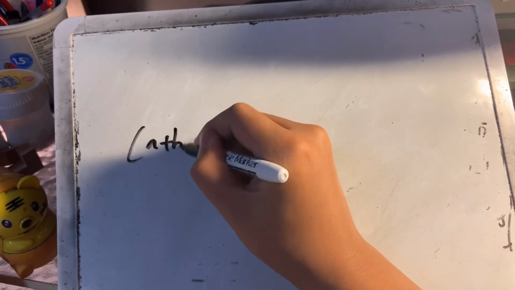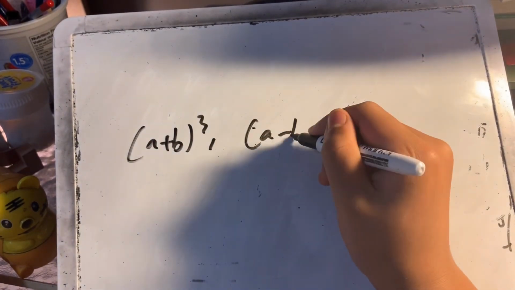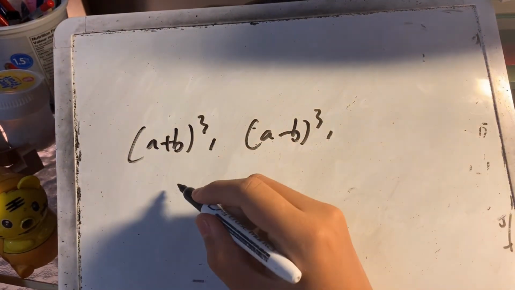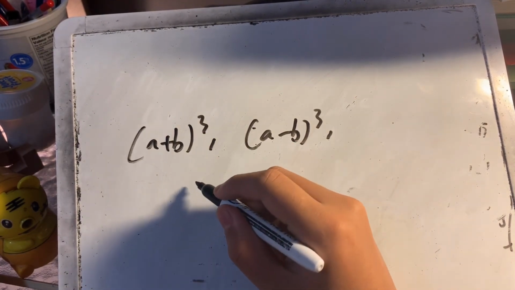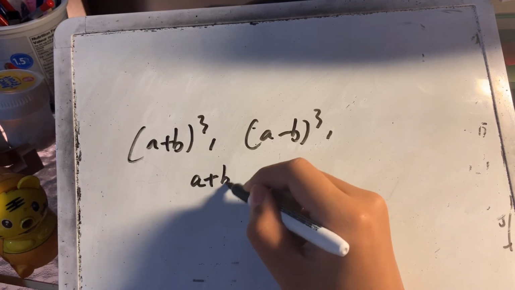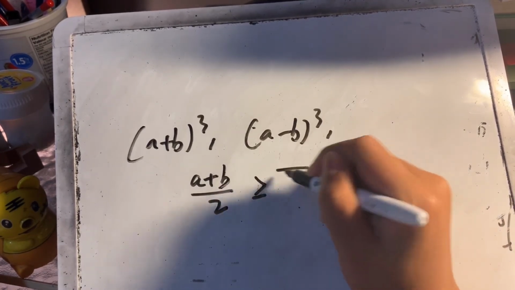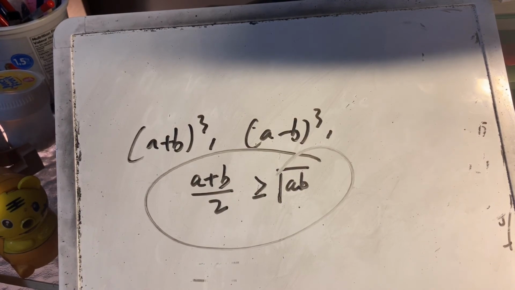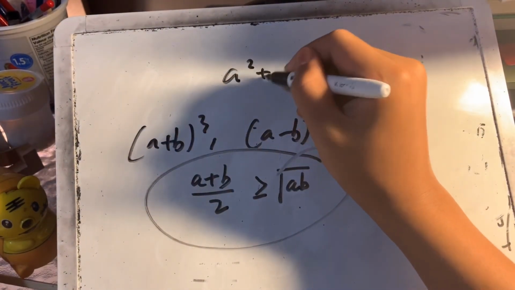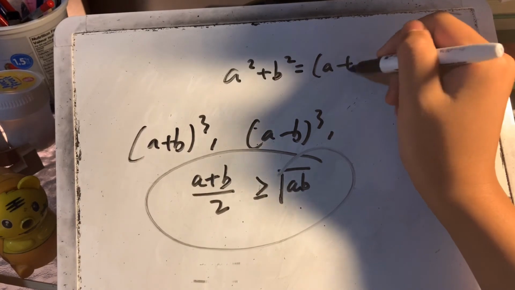Finally, there are some commonly used inequalities. Remember this. Remember Cauchy's inequality and the AM-GM inequality. I forget what it is. It should be this. This is the AM-GM inequality, and this is equal to this.